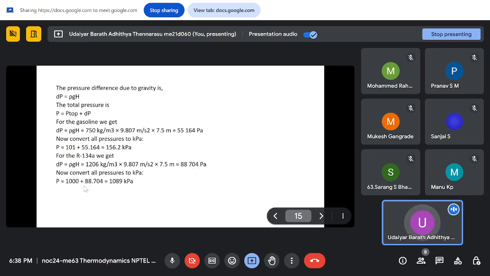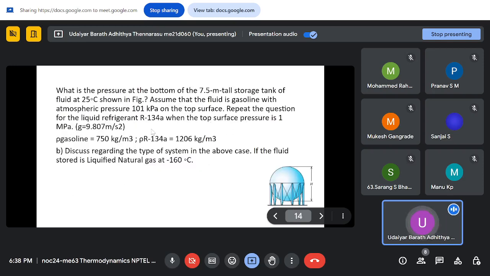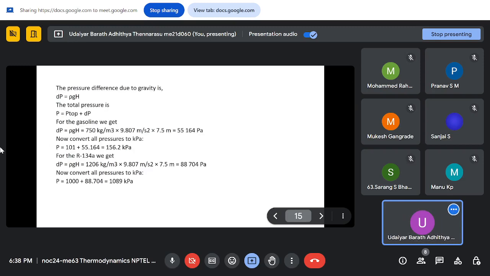We are given the top surface pressure as 1 megapascal for R134A, which is 1000 kilopascal. So 1000 plus 88.704 kilopascal comes out to be 1089 kilopascal, rounded off.